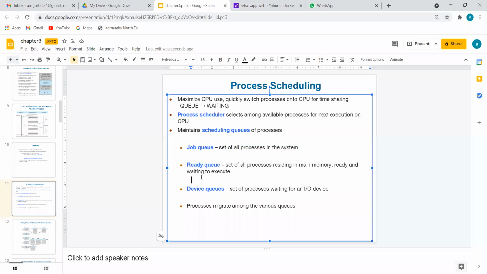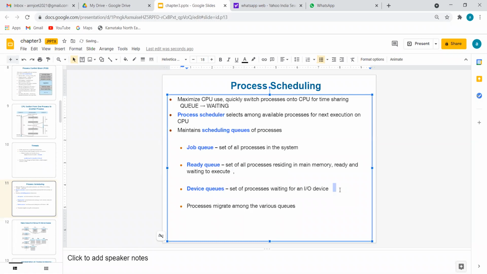Why? Because job queue or ready queue times are in terms of microseconds, or even nanoseconds today, whereas the device queue is in terms of seconds. Microseconds or nanoseconds are very small compared to seconds. A very simple way: how much time do you need to enter the PIN at the ATM machine?